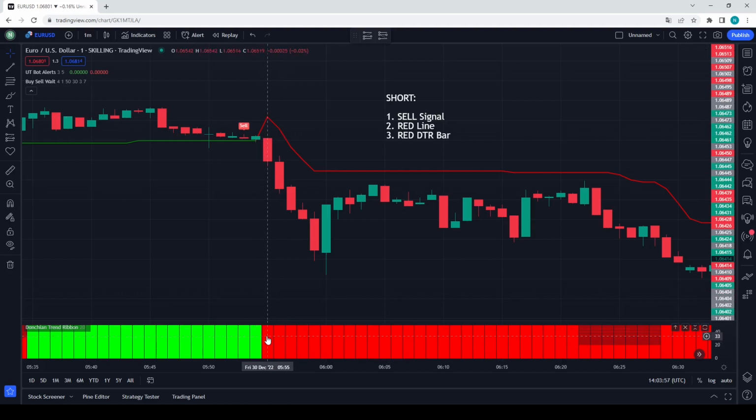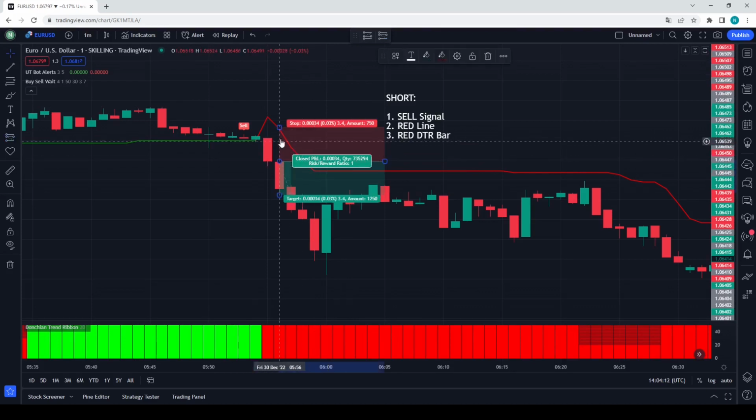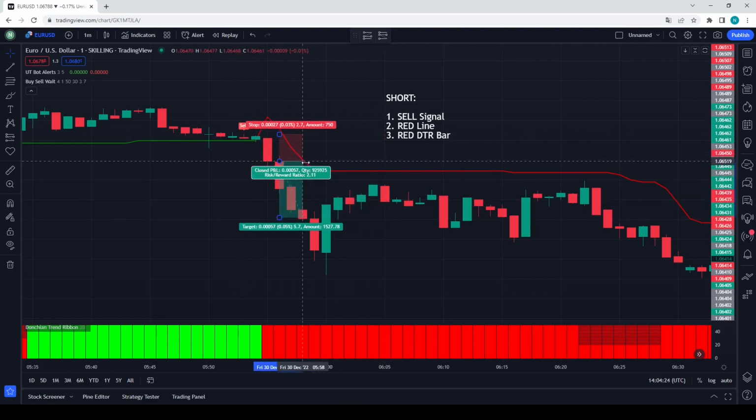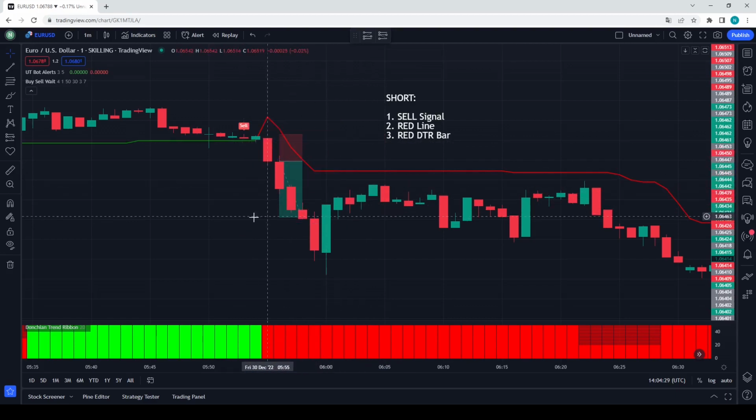So this is our first candle which has all three conditions valid. So we will open our position immediately after this candle closed. Our stop loss is again above the candle from the sell signal, with a risk reward ratio of 2.0. And this would have been our trade, and here we would have made a profit within 3 minutes.